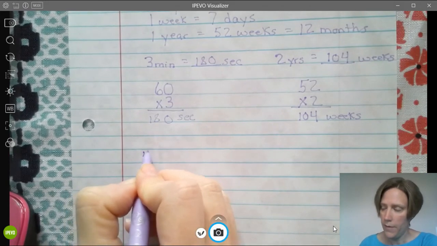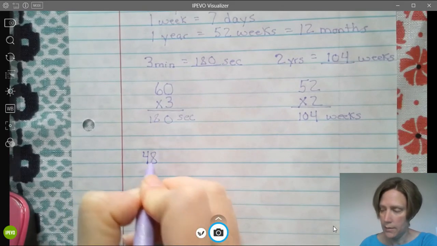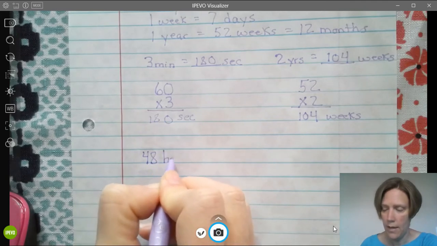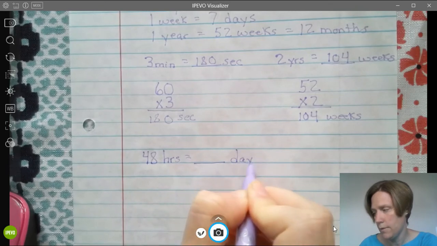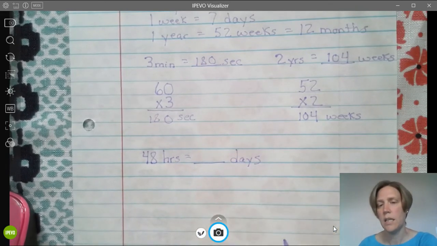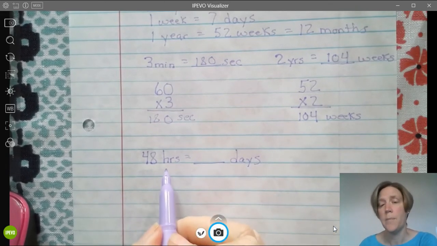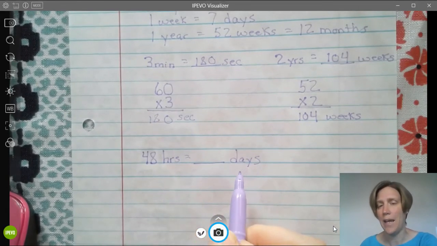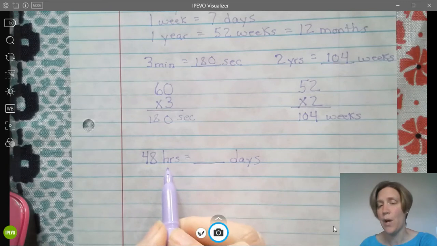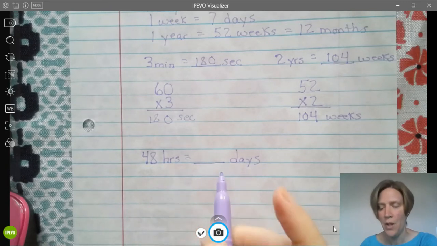If I want to do hours today, like 48 hours equals blank days, this one is a little bit different. I'm going from a smaller unit, hours, to a larger unit, days. When you go from a smaller unit to a larger unit, we have to divide.